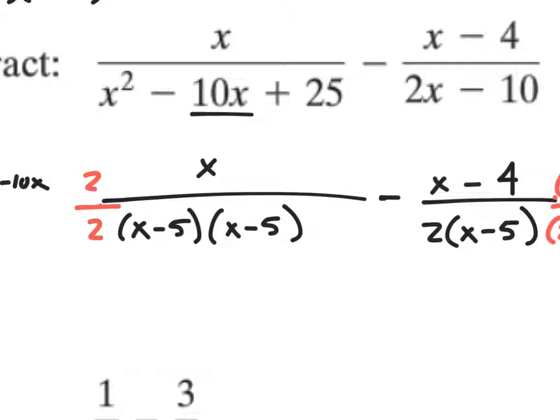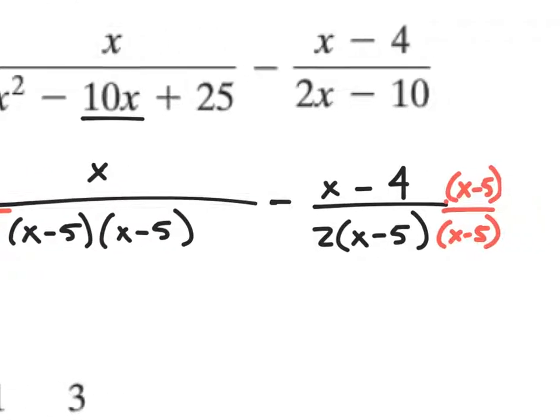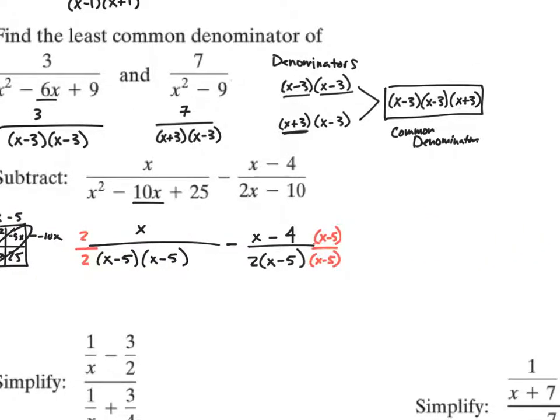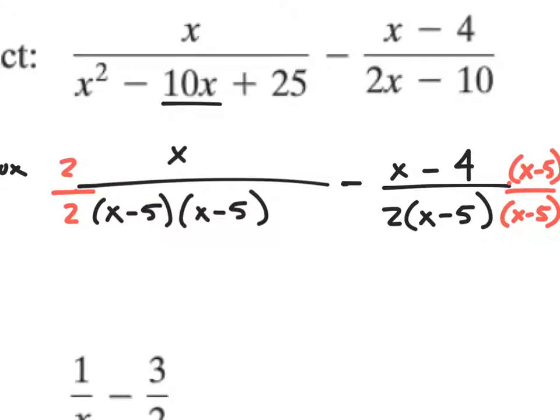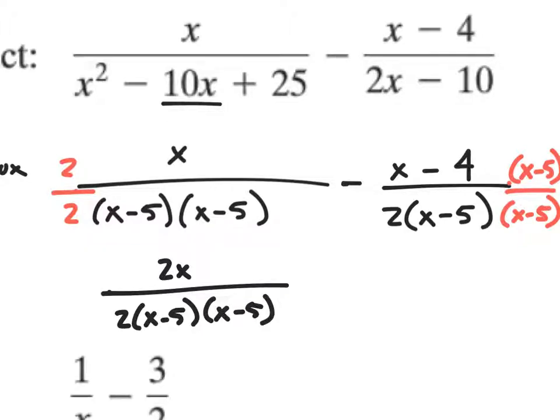So here's what I'm going to get: 2x divided by 2 times x minus 5 times x minus 5, minus, let's put this all over one denominator, x minus 4, x minus 5.